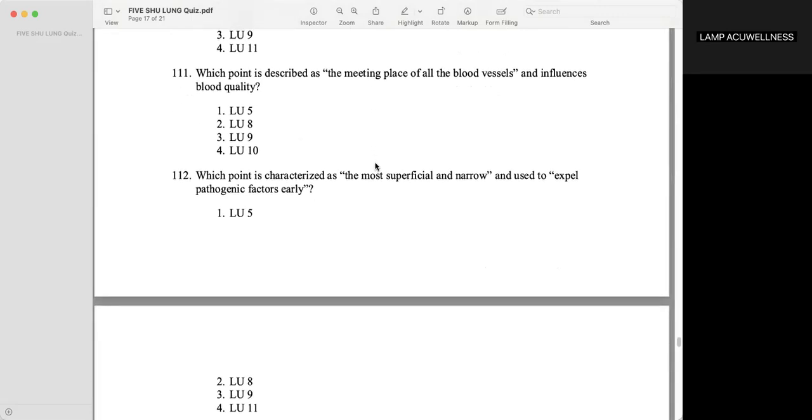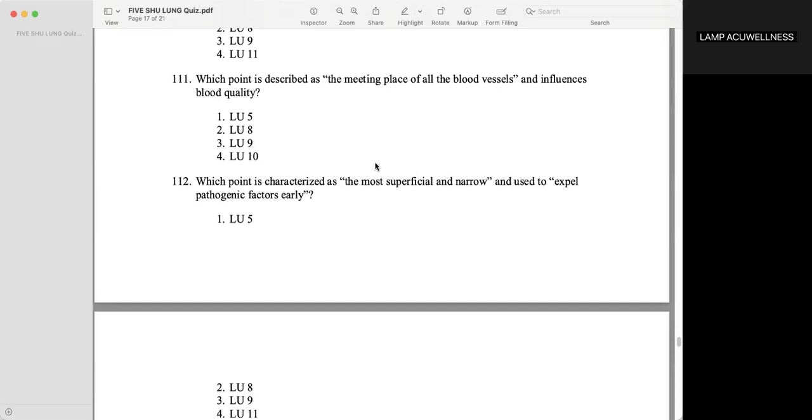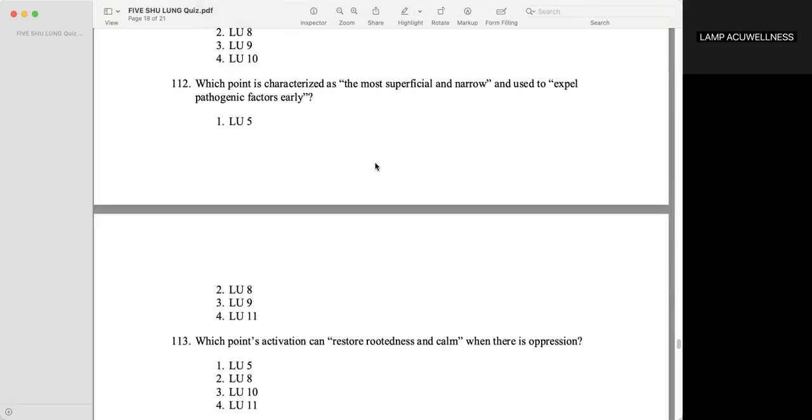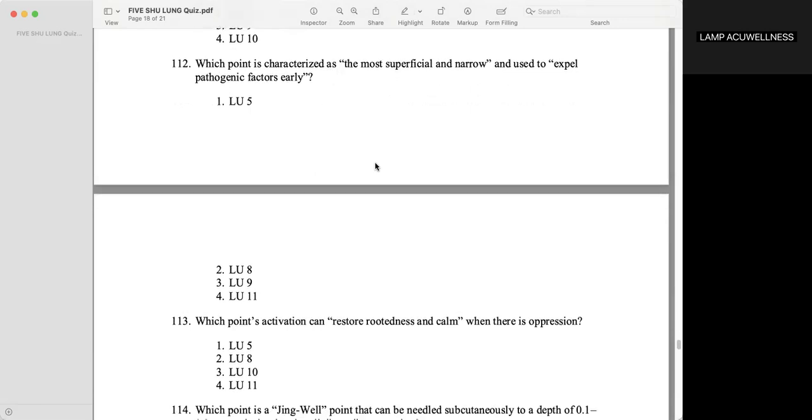Which point is described as the meeting place of all the blood vessels and influences blood quality? Lung 9. Which point is characterized as the most superficial and narrow and used to expel pathogenic factors early? Lung 11.